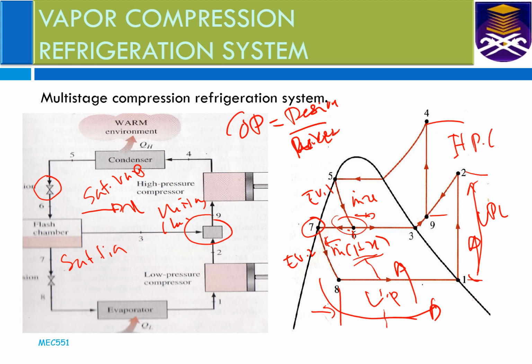After exiting the low pressure compressor, it will be in the superheated region. Then the extracted saturated vapor from the flash chamber will be mixed in the mixing chamber here. After that, it will go into the full flow, and this is the 1 minus x flow. So it will increase to the full flow rate, and then increase the pressure to section 4.